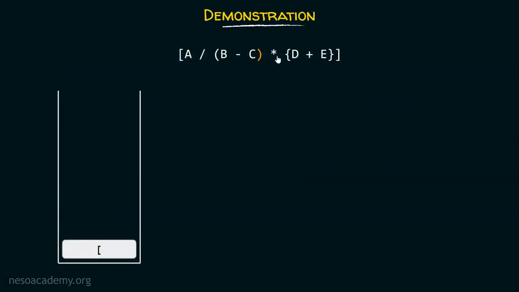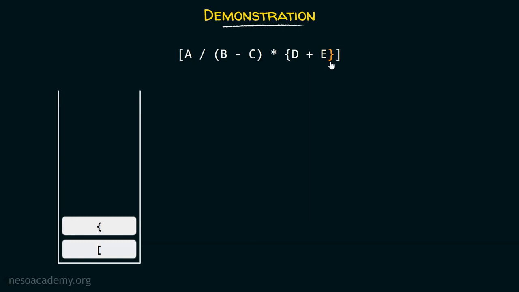Now we must continue to scan the symbols. Here, of course, after this round bracket, we have encountered this particular symbol star. Then we have this curly bracket, this opening curly bracket. This is a left bracket. We must push this inside stack. After this, we have D, we have plus, we have E. Then we have this closing curly bracket, or we can say this, that this is a right curly bracket.